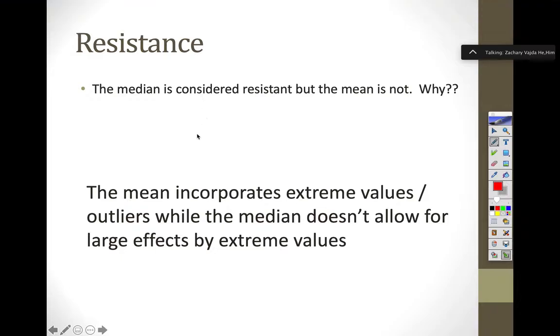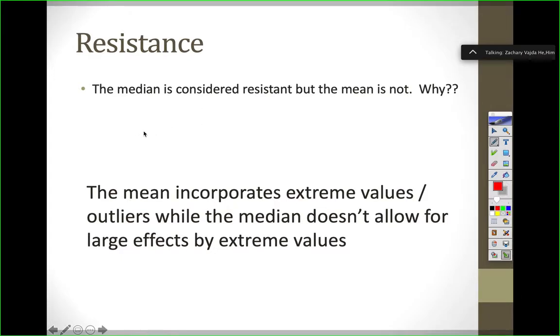Let's say there's an office assistant who makes $50,000 in a year. There's three nurses that make 75, 80, and 85, all in thousands.